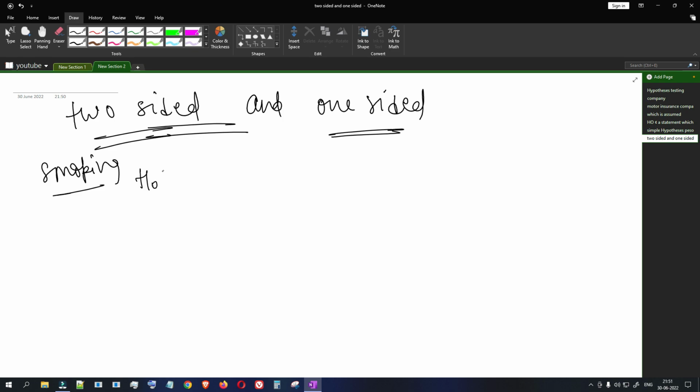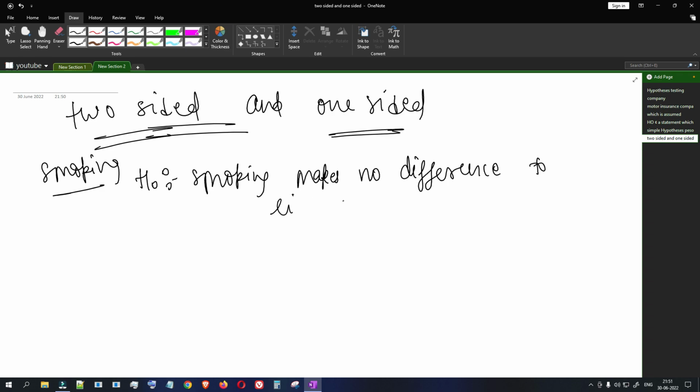So our H naught is that smoking makes no difference to life expectancy. Now our H1 has three possibilities. In any case, it would have three possibilities.